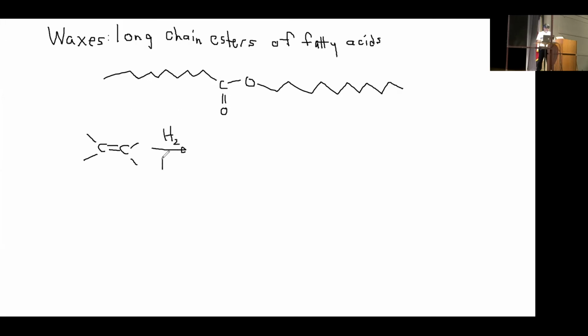Usually it's one of these coinage metals, like palladium, platinum, or nickel. Those are the most common ones. And you will reduce the double bond to a single bond, and each of the formerly alkene carbons will get a new hydrogen attached. So here I'm giving you a visual aid to help you remember that reaction.